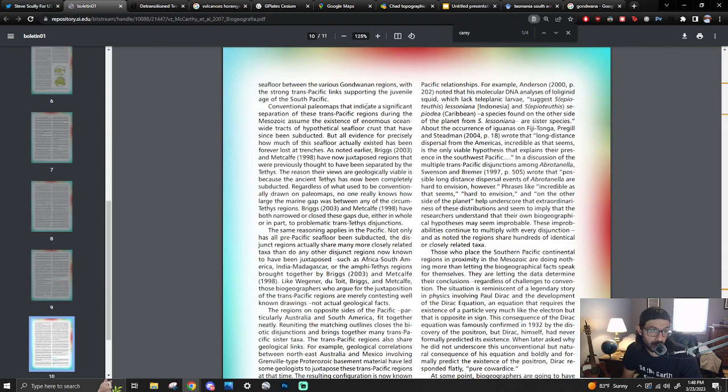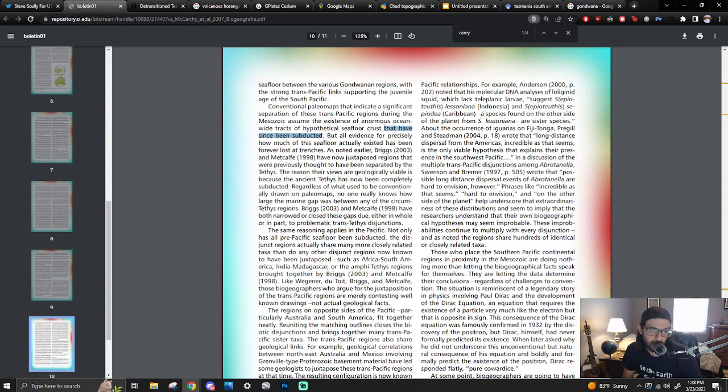Conventional paleomaps that indicate a significant separation of these trans-Pacific regions during the Mesozoic assume the existence of enormous ocean-wide tracts of hypothetical seafloor crust that have since been subducted.